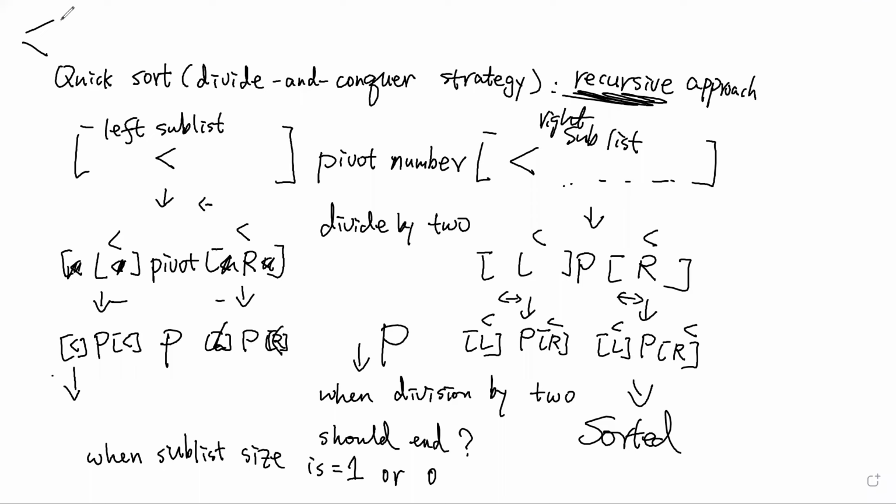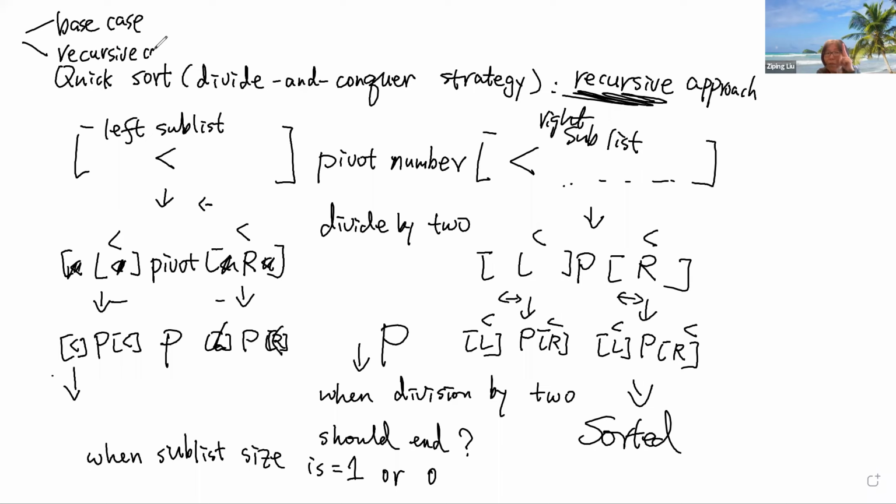Base case, and the inductive step, the recursive case. So this is going to be the base case. It's going to stop, because it's a recursive call. Okay, so that's a general idea about quicksort.